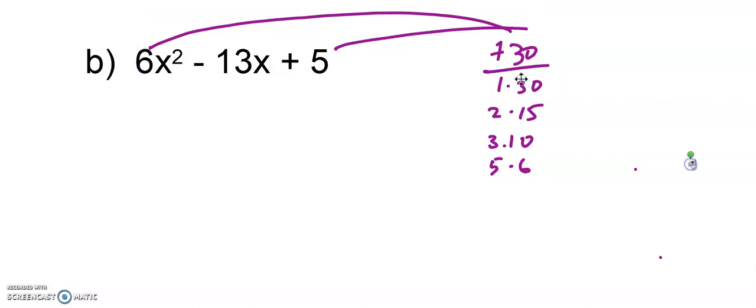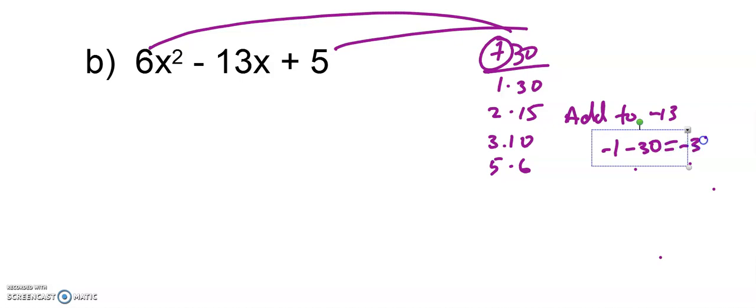Out of this list, the ones I'm looking for add to negative 13. Since both numbers have to multiply to give me a positive, but add to give me a negative, the two numbers must both be negative. Negative 1 plus negative 30 is negative 31.